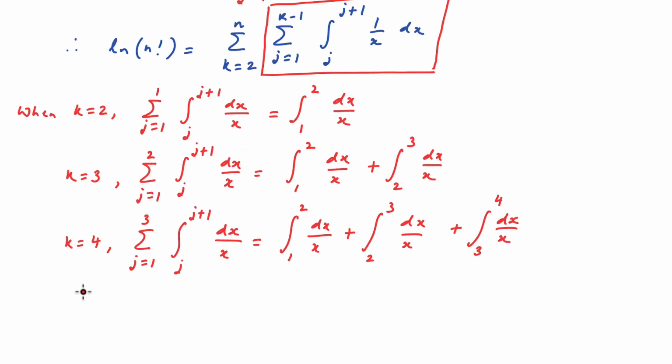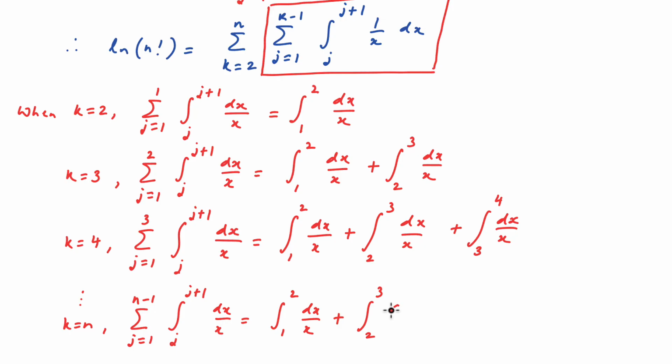And finally, moving along in this fashion, when k is equal to n, the expression on the inside becomes summation j going from 1 to n minus 1 integral j to j plus 1, 1 upon x dx, which expands to integral 1 to 2, 1 upon x dx plus integral 2 to 3, 1 upon x dx plus integral 3 to 4, 1 upon x dx plus and so on. And the final term in this line is integral n minus 1 to n, 1 upon x dx.